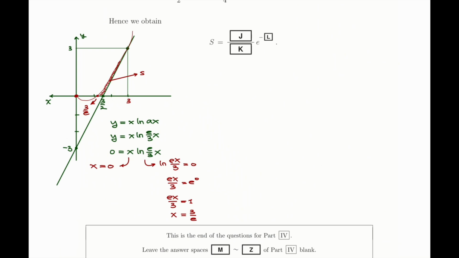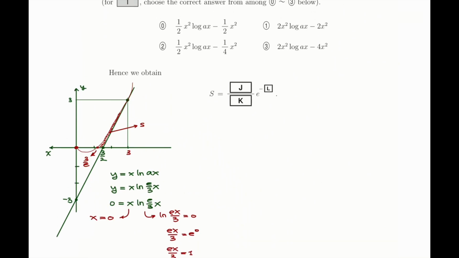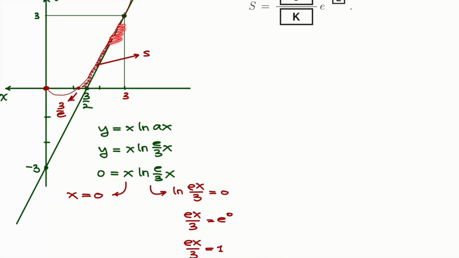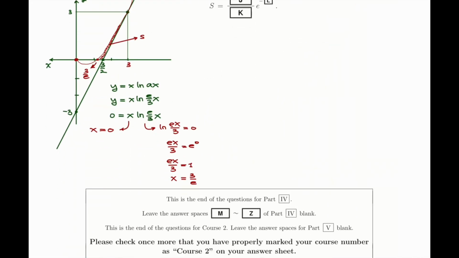Integration of the first curve from 3 over e until 3, you will get this whole thing, and then subtract it with this triangle. So if I want to find S, I can find it by using integration of x ln(ax) dx from 3 over e until 3.